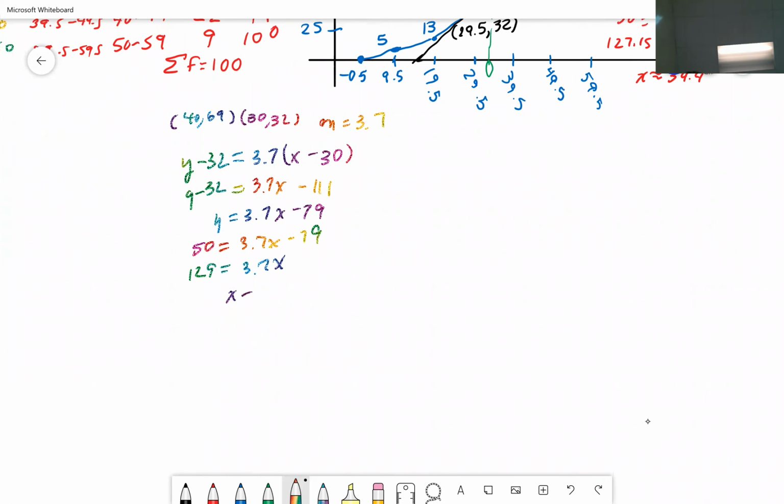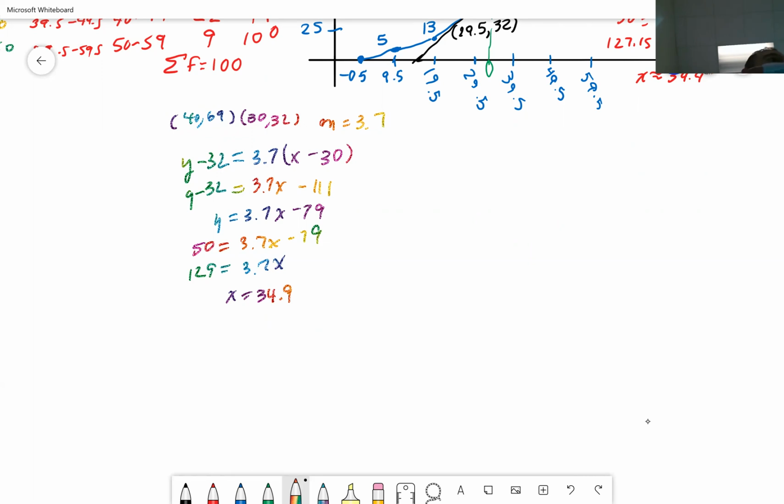Sorry, different estimate. I must have pushed the wrong button here. 129 divided by 3.7. There we go. 34.9.